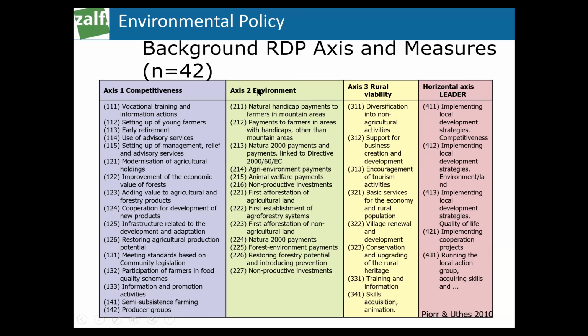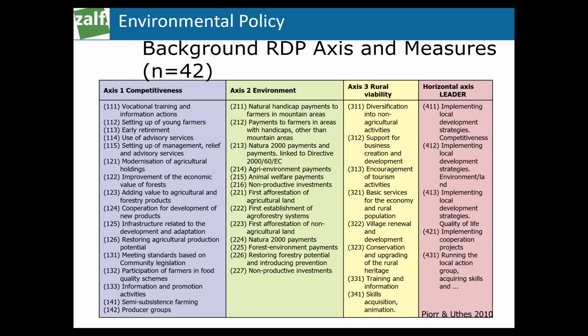And the environment ones, these are maybe the payments for farmers in areas with handicaps, other than mountain areas, less favorable areas. Then Natura 2000 payments and for Natura 2000 for habitats. Then agri-environmental payments for management practices. And animal welfare payments.